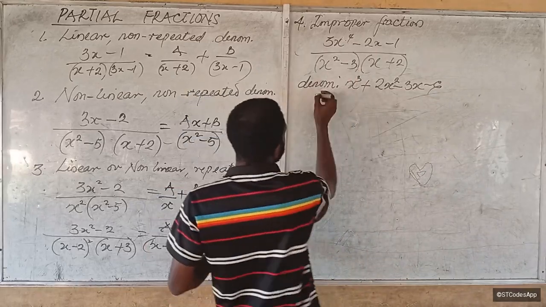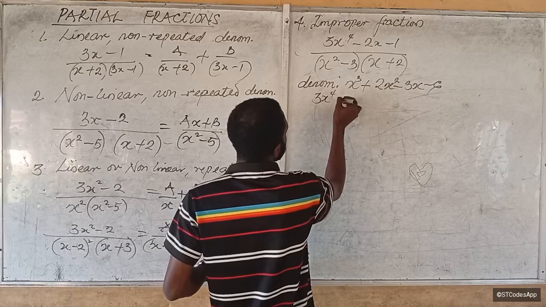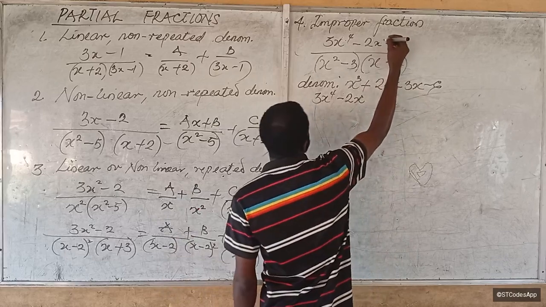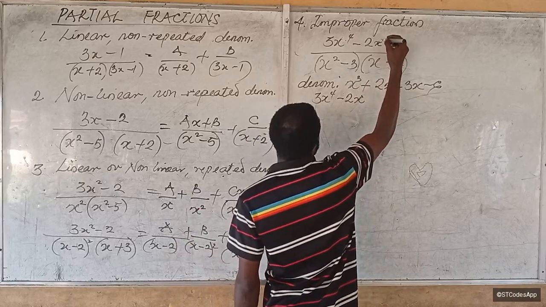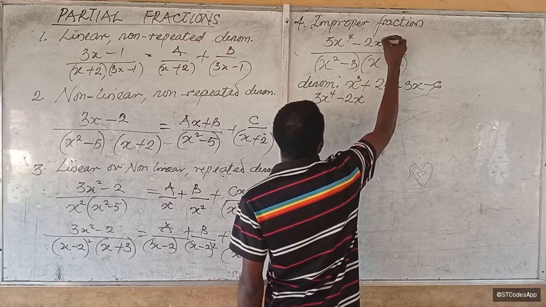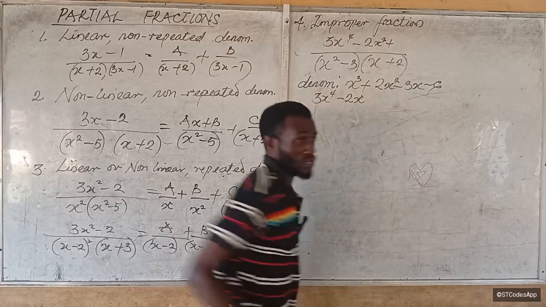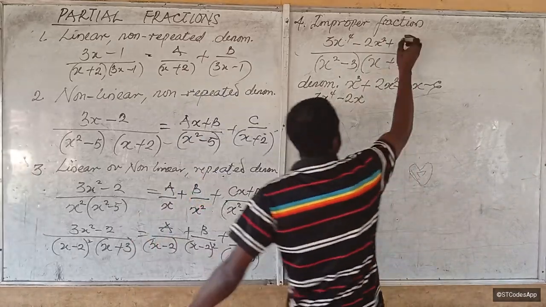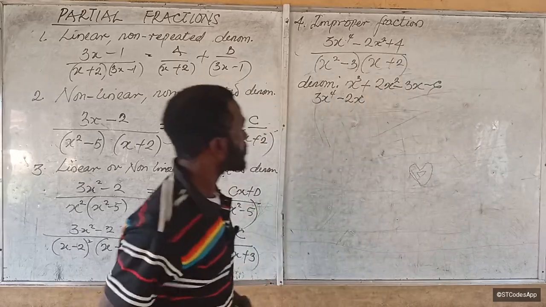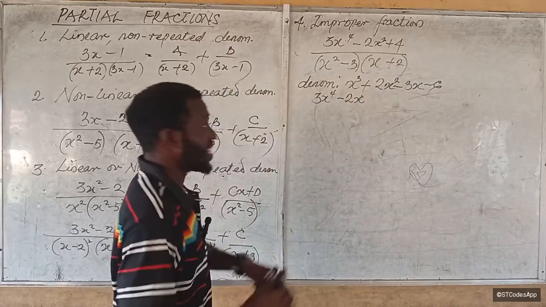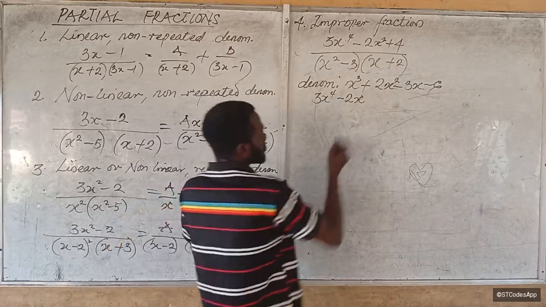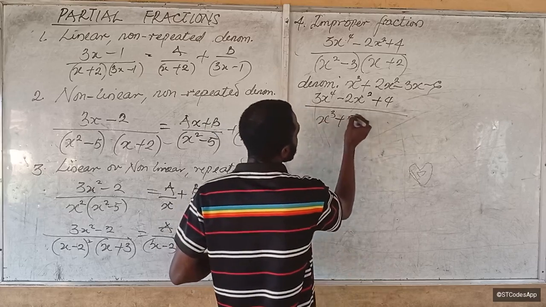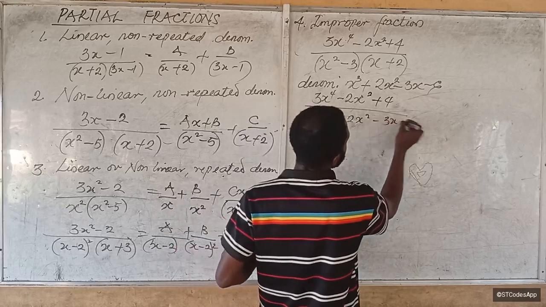Now our numerator becomes 3x raised to the power 4 minus 2x squared. I'm just inventing it to make the question sweet. Okay, let's leave it as 4 then, plus 4, all over x cubed plus 2x squared minus 3x minus 6.